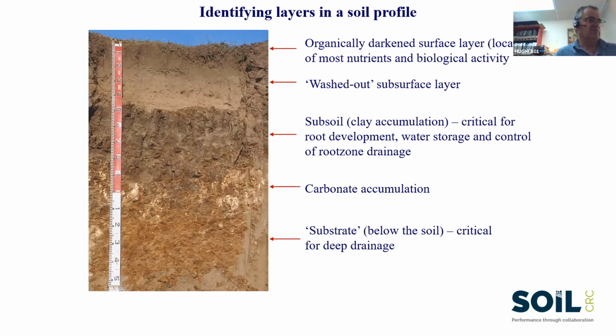We're moving into the B horizons, where the clay has accumulated. Further down, we're looking at where carbonates accumulated, and down the bottom of the pit, we're seeing some of the substrate material. Understanding that is pretty important for a lot of our South Australian soils, and even more so in horticulture.